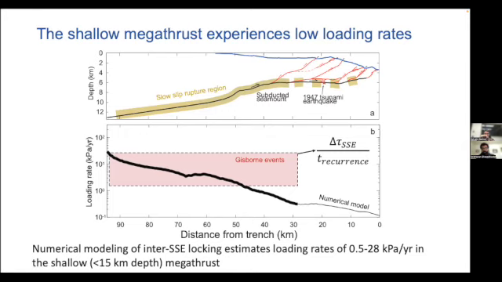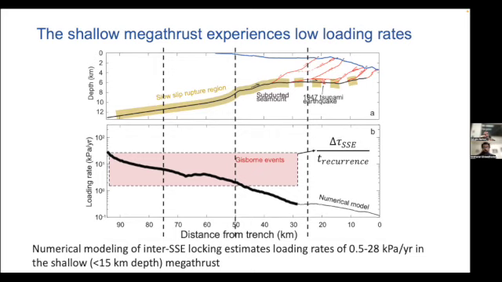These estimates of loading rates we got from geodetic observations in the previous method are in the red box here. And overall, both techniques are in very good agreement and give us an average of about 5 to 10 kilopascals per year of loading in the shallow megathrust in this region.